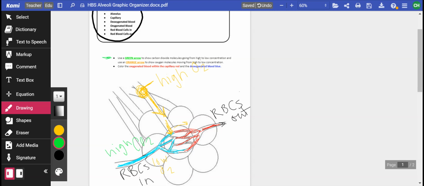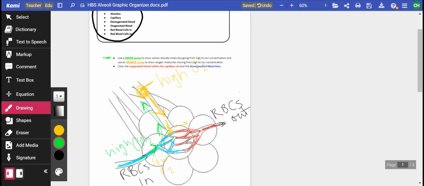That's why it's so important for us to get rid of CO2. So I'm going to draw the CO2 where it's highly concentrated in this deoxygenated blood. And of course, it wants to get out, right? If it's highly concentrated within the capillary bed, it wants to move to a space where it's less concentrated, which in this case is the bronchioles. So it's going to move out.